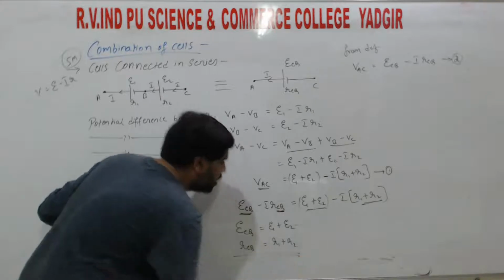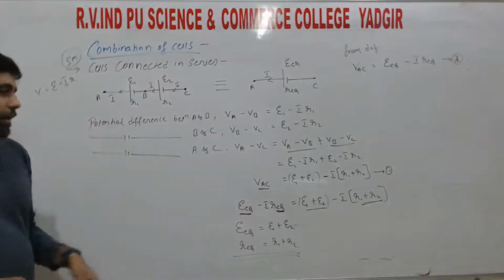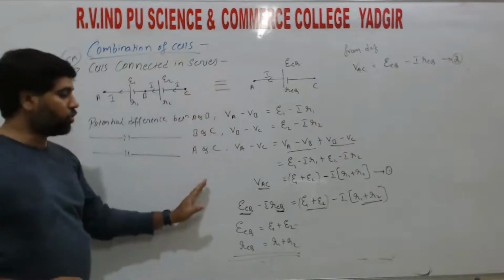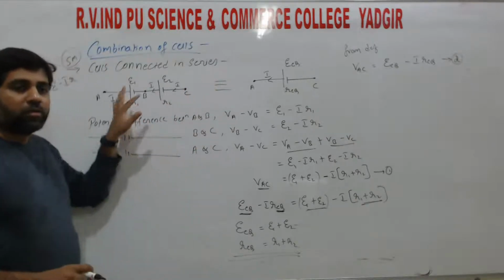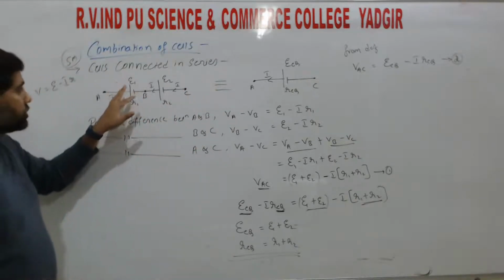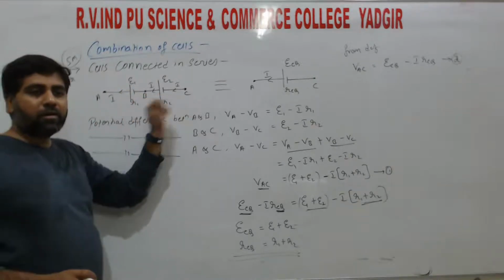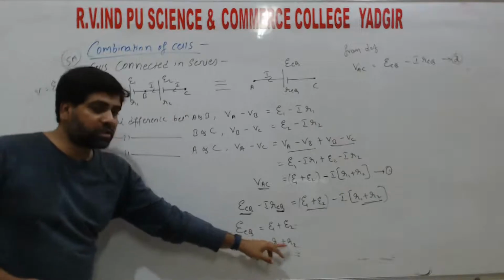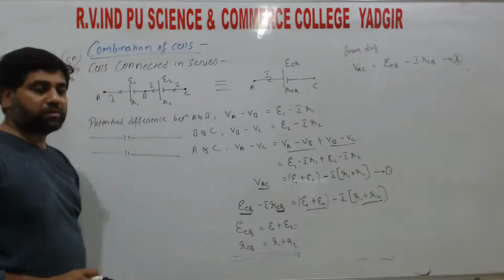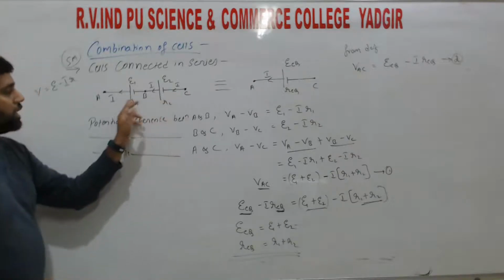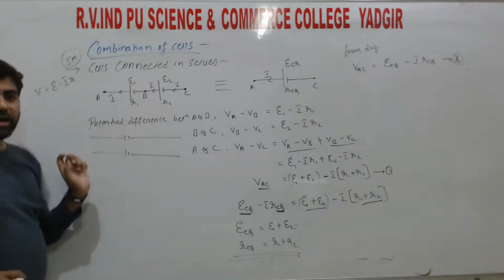This gives the final expressions for cells connected in series: the total EMF is the sum of the individual EMFs, E1 and E2, and their internal resistances add, connected in series. This is the first case.